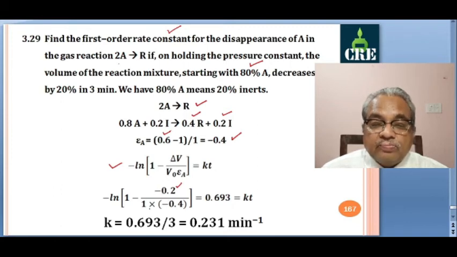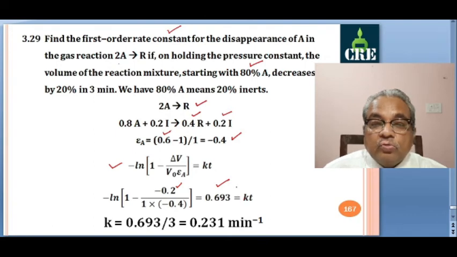V0 is 1, unity. Epsilon A is minus 0.4. So this minus 0.2 by 0.4, this is 1, minus minus plus. So 1 by 2. 1 minus 1 by 2 is 1 by 2, that is 0.5. So minus ln of 0.5 is 0.693, equal to kT.